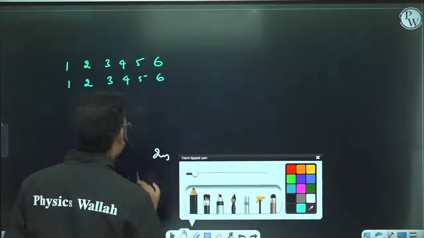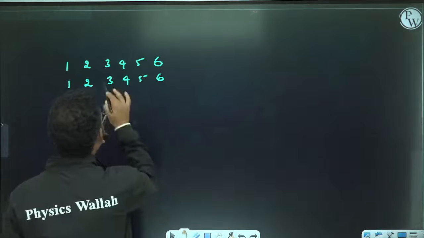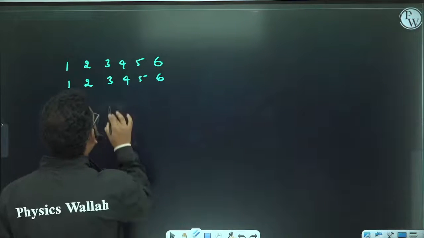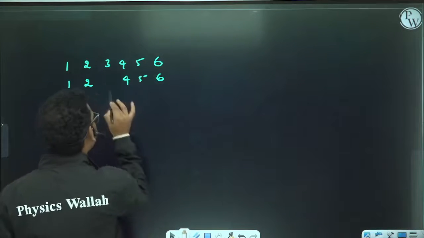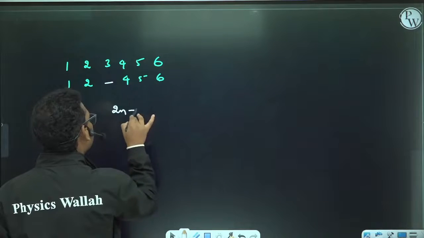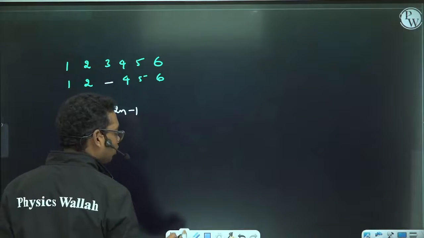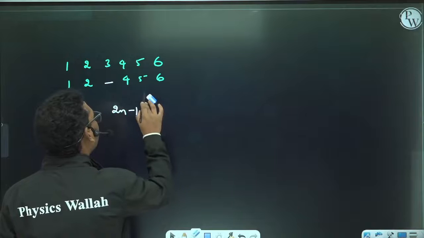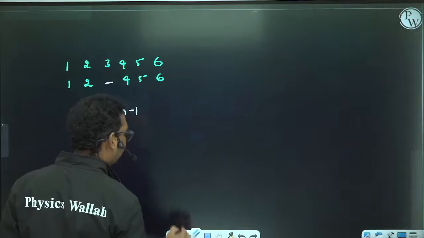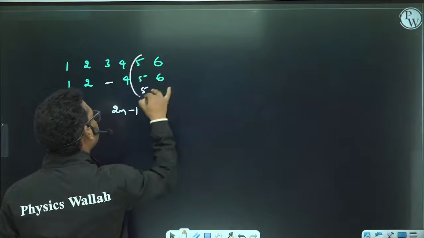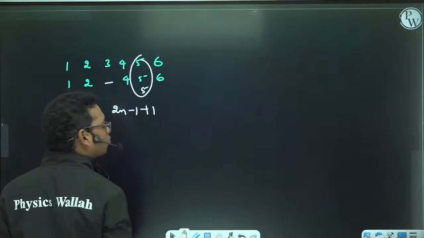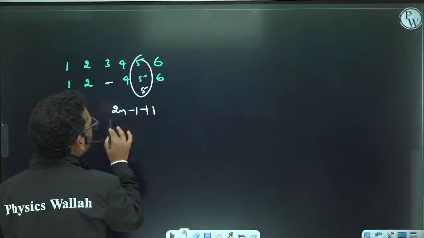Suppose I remove one copy of chromosome 3, so I will write 2n minus 1. Now if I add one copy of chromosome 5, I will write plus 1, so this is 2n minus 1 plus 1.